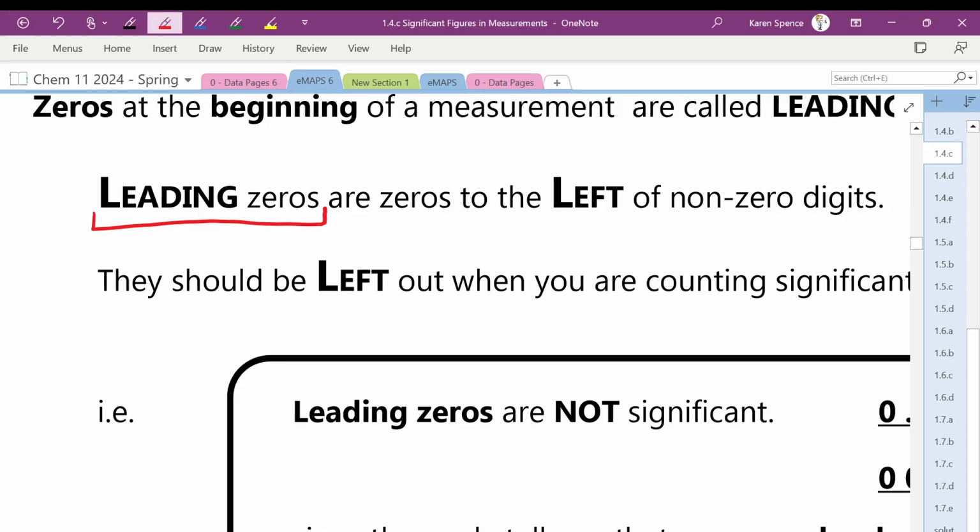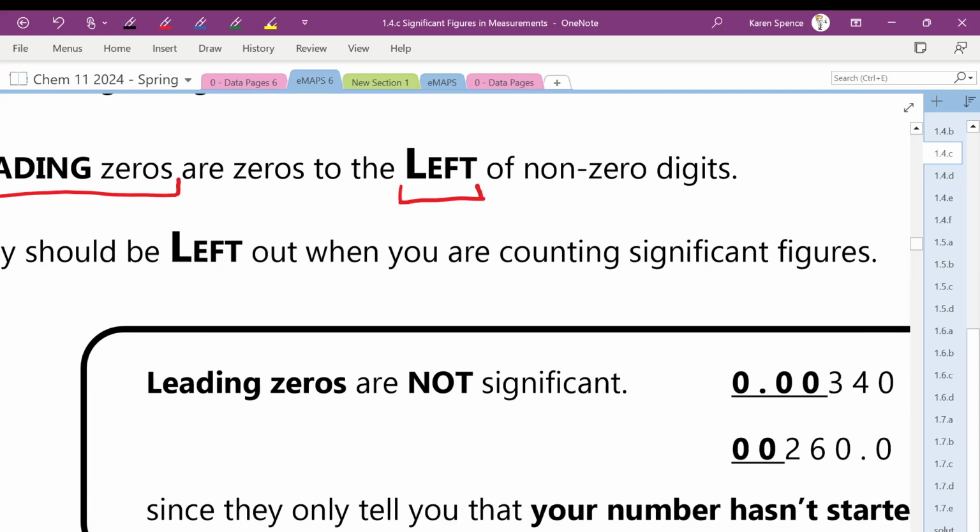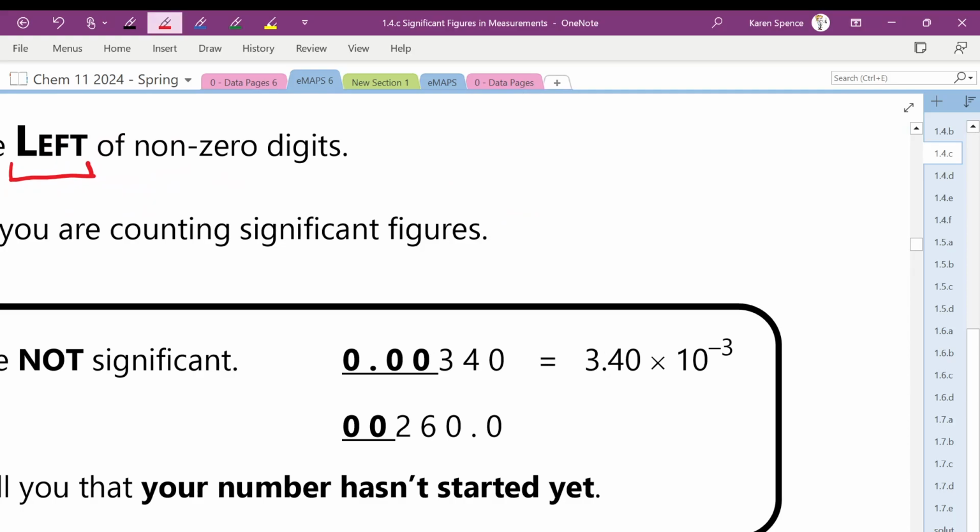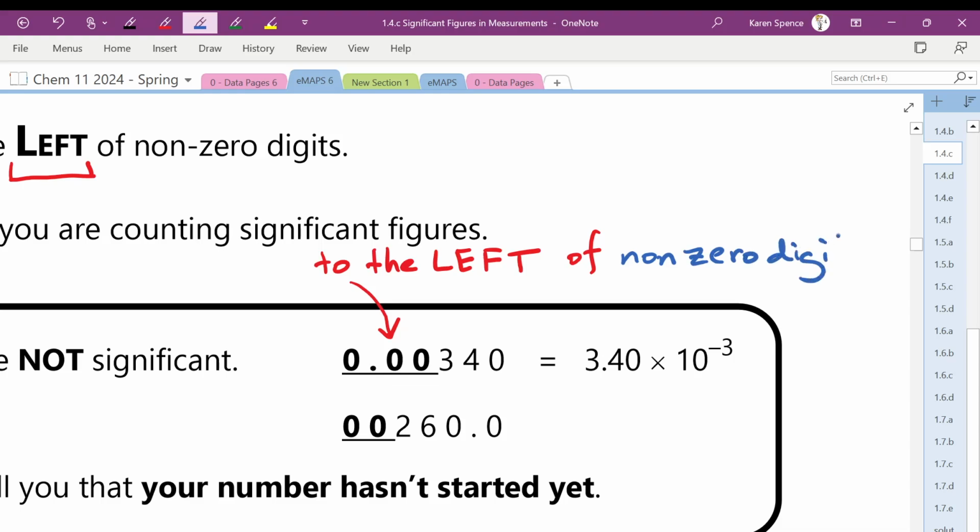Leading zeros are zeros that are on the left of non-zero digits. Okay? So I look here and I say, these zeros here are to the left of non-zero digits.